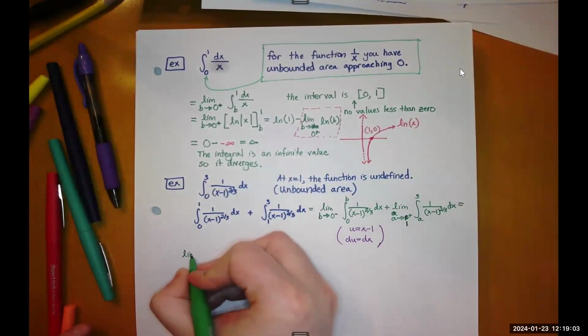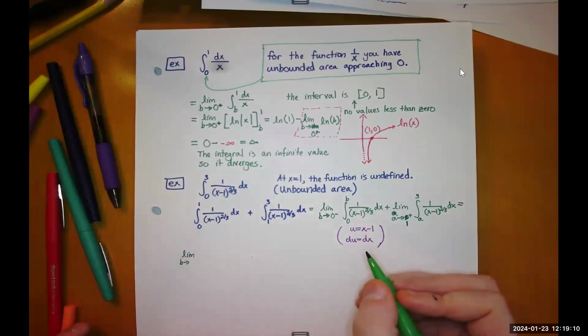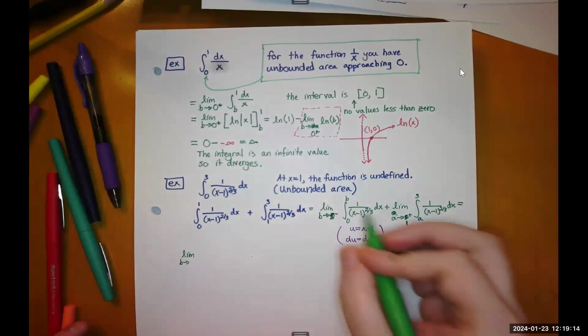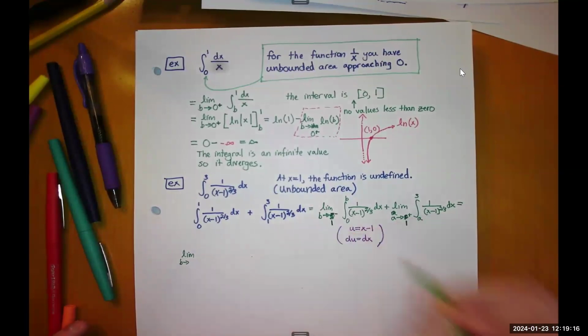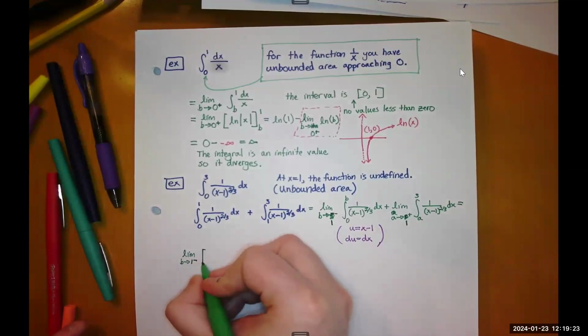So I have the limit as b approaches 1 from the left, antiderivative.